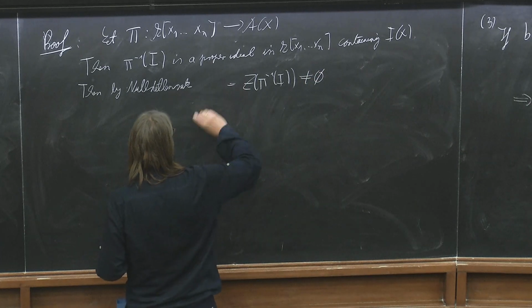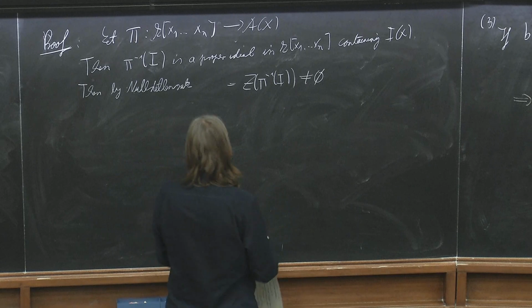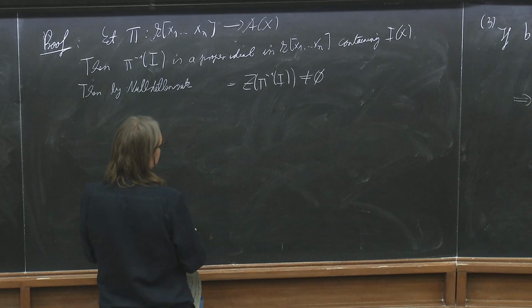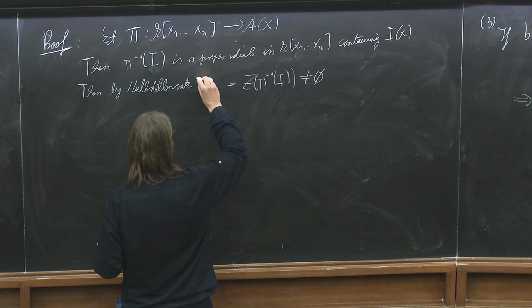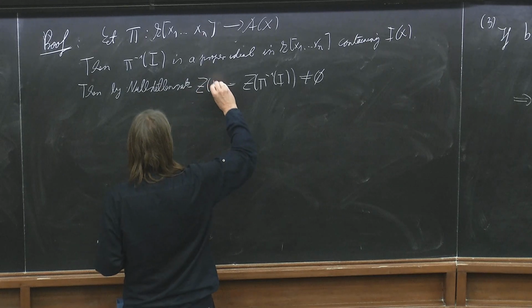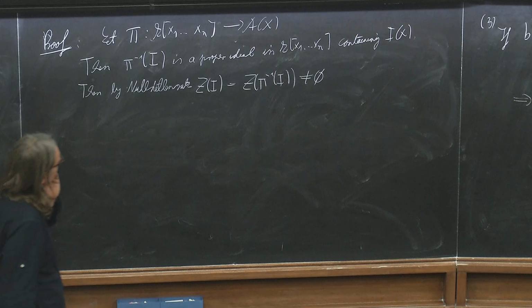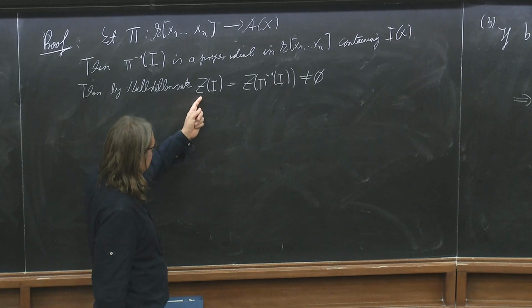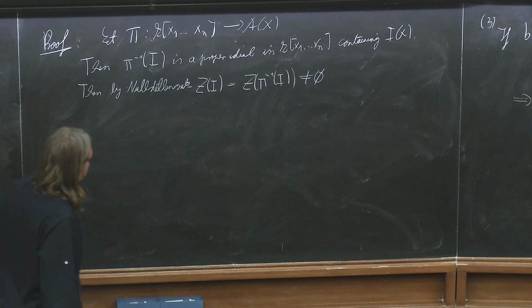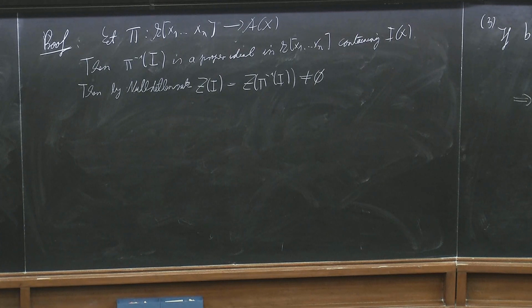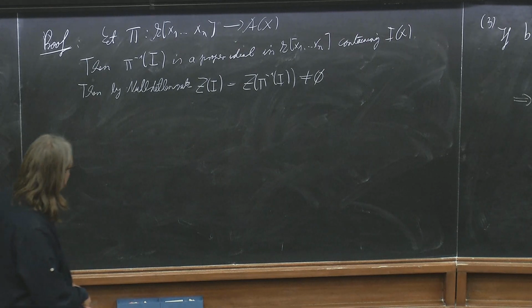Obviously, this is the same as the zero set of I, because from the definition it follows that this is the same zero set.